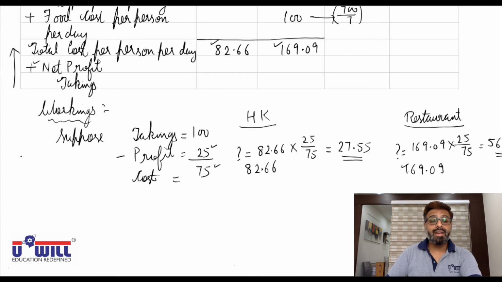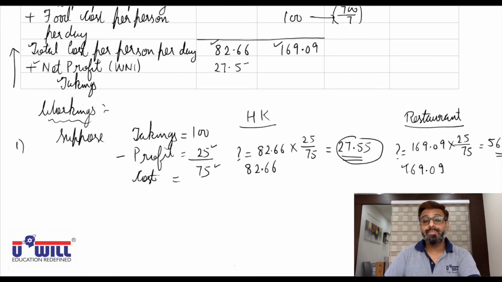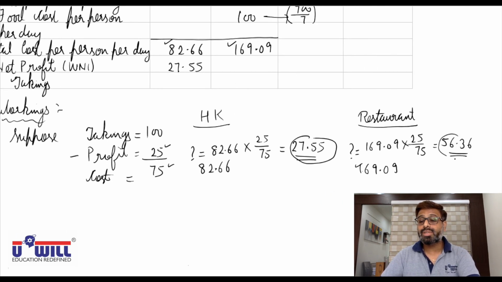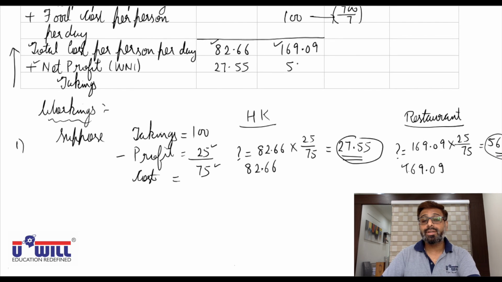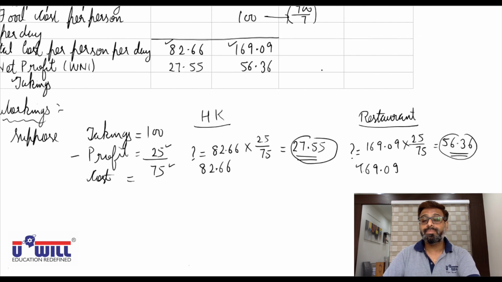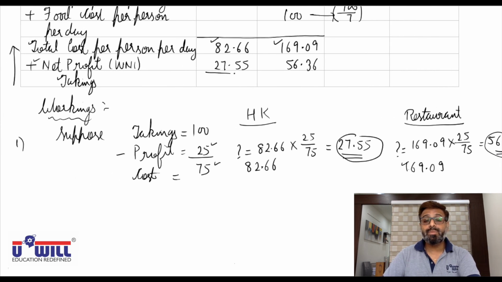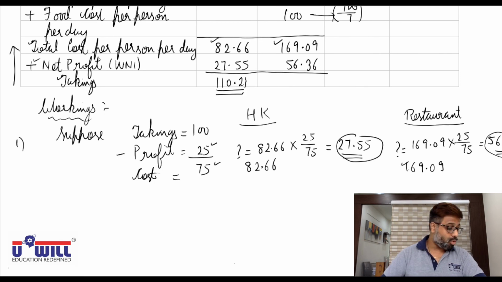So here we'll write working note 1. From working note 1 we get the net profit of 27.55 to be taken in case of rooms and 56.36 to be taken in case of food. Now 27.55 plus 82.66, so finally we must charge, including profit, 110.21 for the rooms.